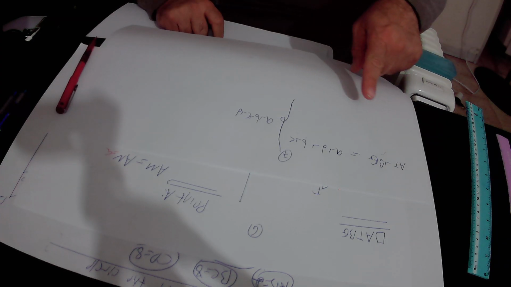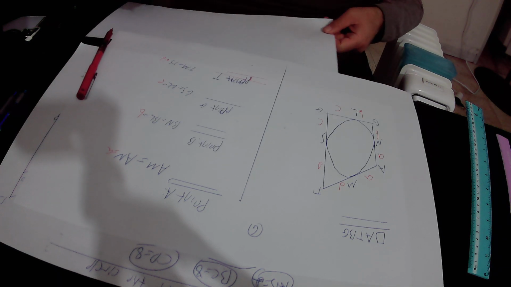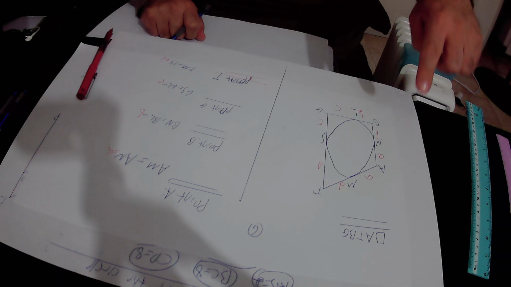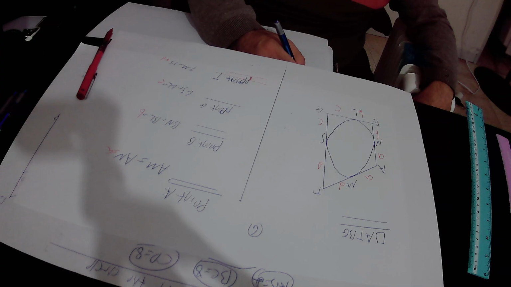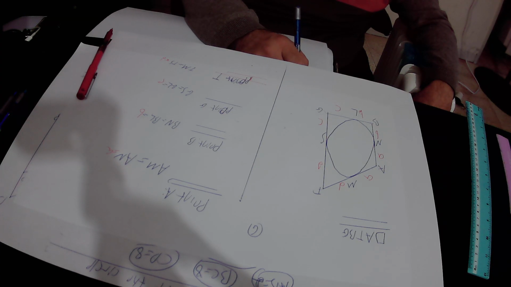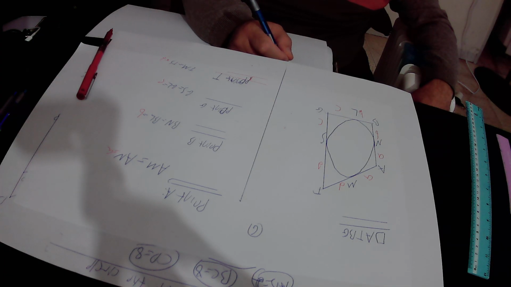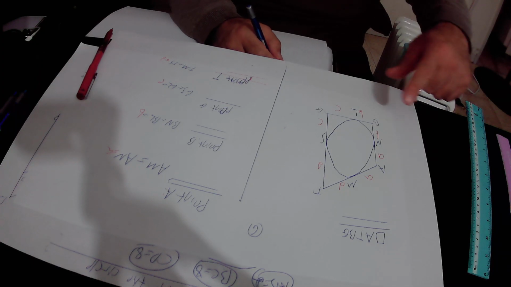What is the value of AT plus BG? In the next step, we will add side AB to side TG. What is the value of AB?